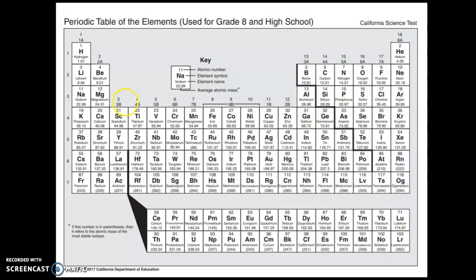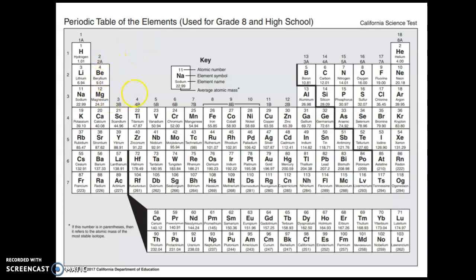Just as a reminder, as we move down the periodic table over here, these chemicals have similar properties. They all have one peg. They get increasingly larger as you go down, and as you notice, these numbers get increasingly larger as well.